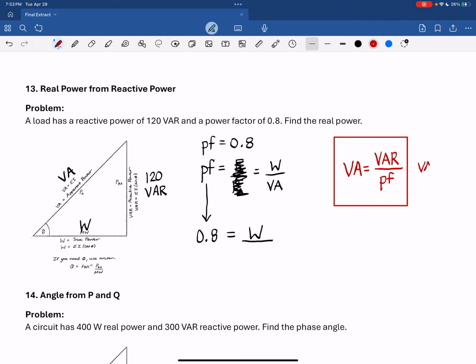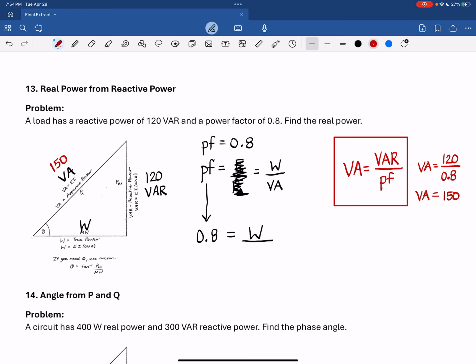Knowing the red formula, I can find VA. VA is equal to the reactive power, which we know to be 120, over the power factor, which is 0.8. When I do this math, 120 divided by 0.8, I'm going to get 150, and that is VA.